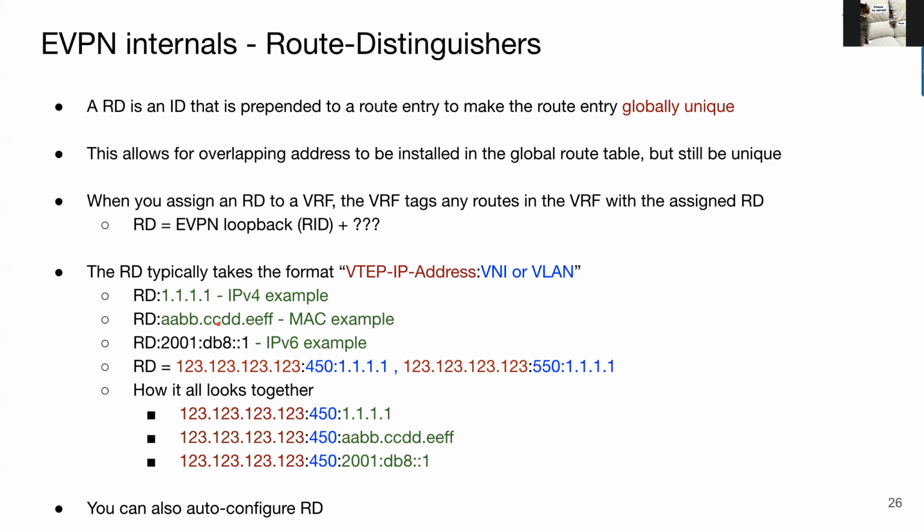We could use MAC, we could use IPv6. Traditionally, what we see is the loopback 0, and then the VLAN or the VNI. Typically, this is what we see the most: the EVPN IP address and the VNI.